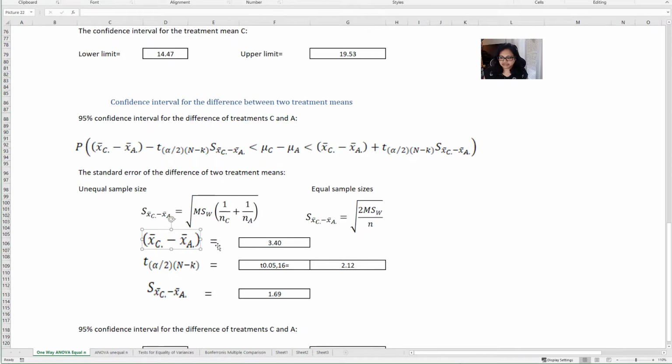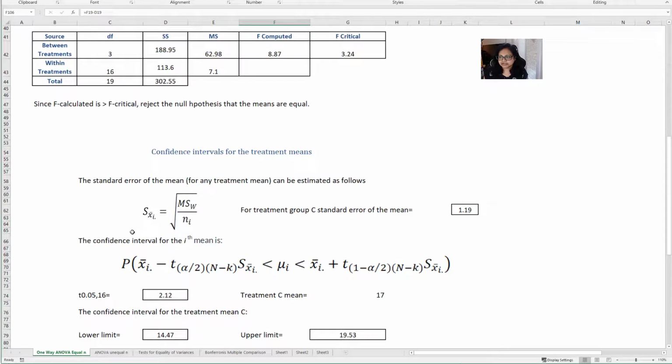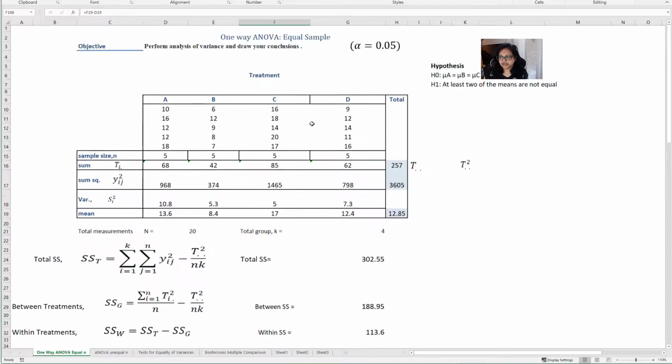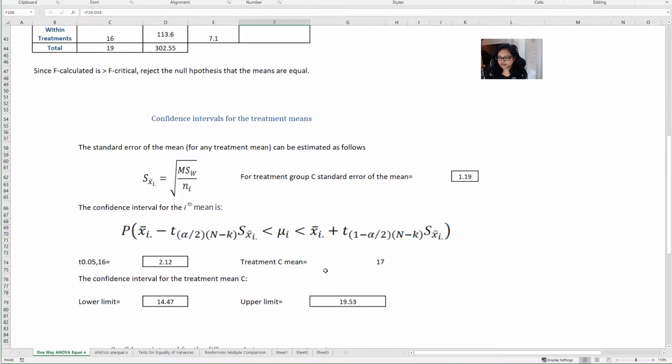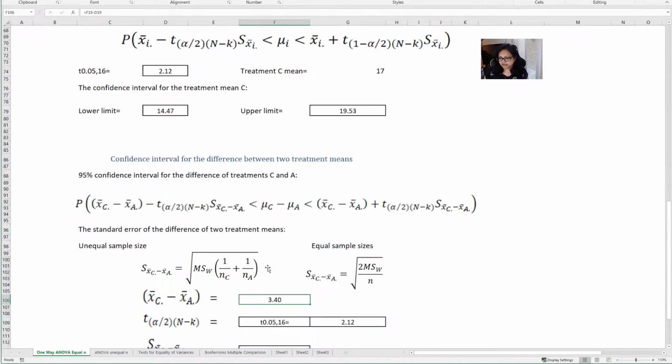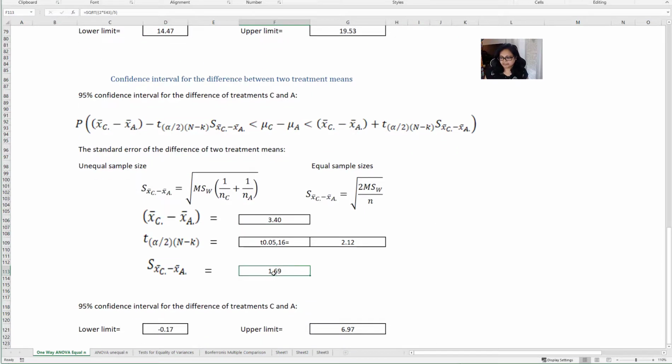You can see I used their means, C and A, and calculated their difference first. Then I need to find the standard error of the difference between those means.